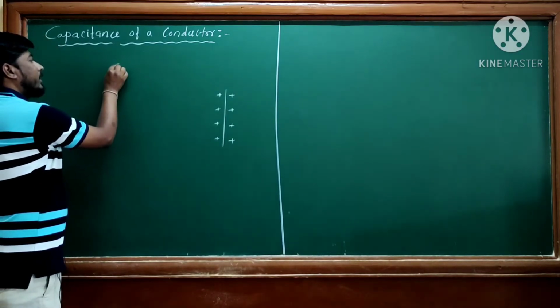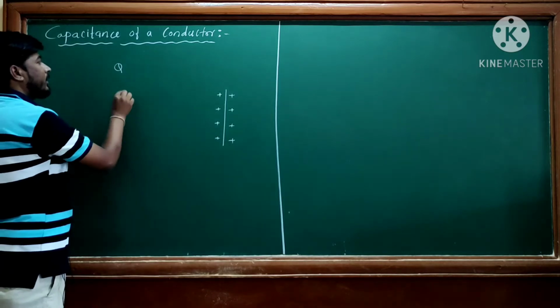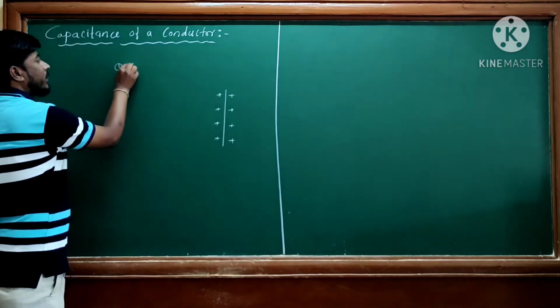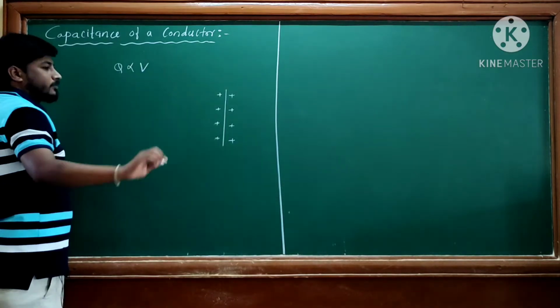Say that Q is the charge given to this conductor. When I add the charges to the conductor, its potential increases.